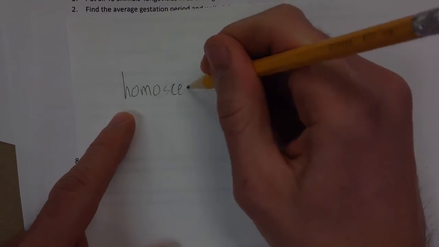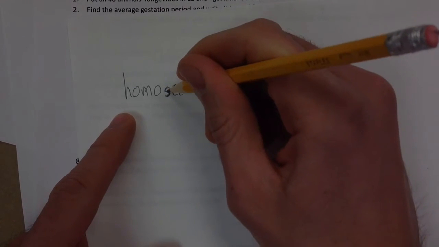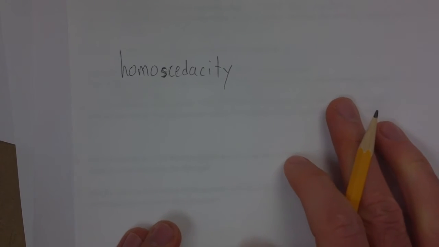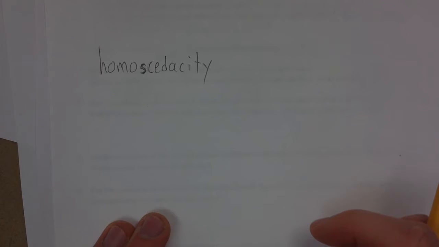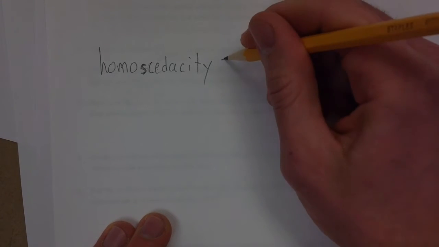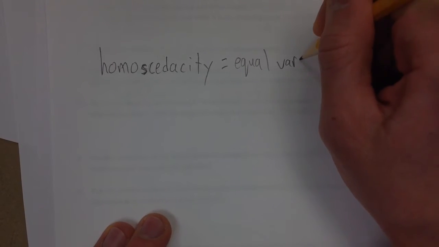Let's see if I can actually get this word. If you want to sound really smart, you can learn this word. It's like the equivalent of kurtosis. Homoscedasticity. This means equal variance.